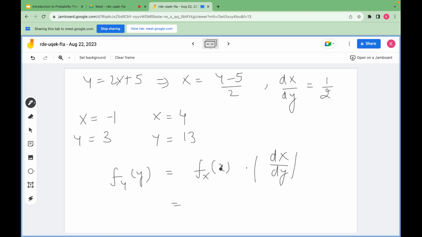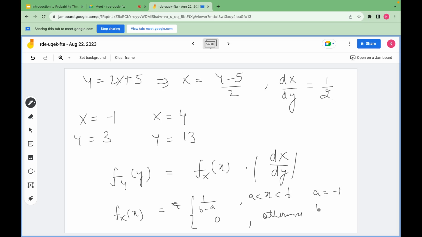Now this f_X is given as a uniform distribution, which means that it will be 1 divided by (b minus a) when x varies from a to b, and it is 0 otherwise.